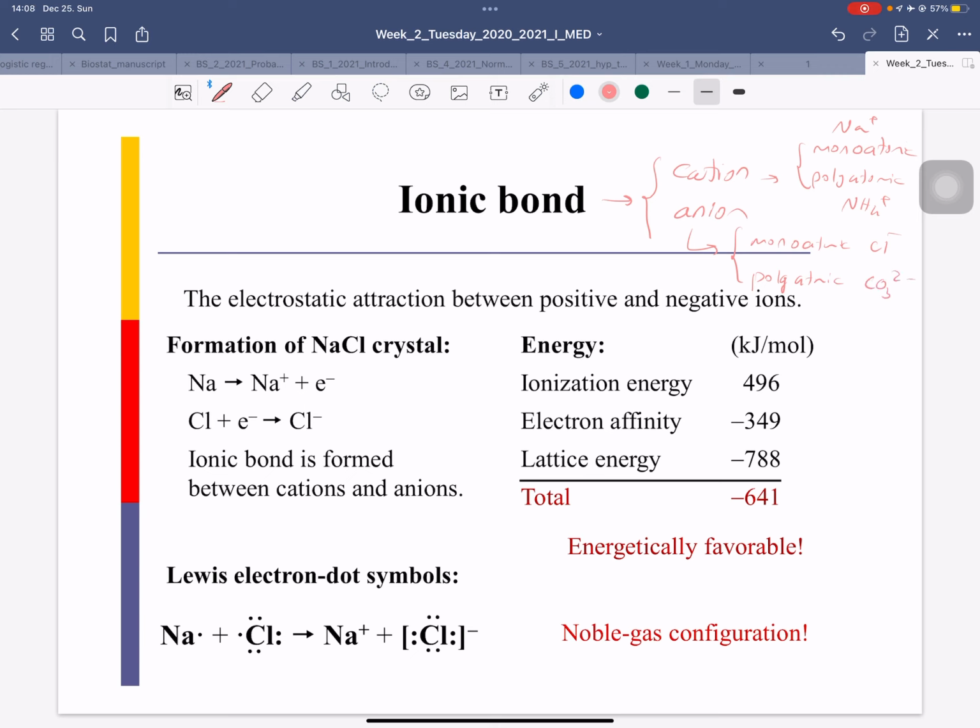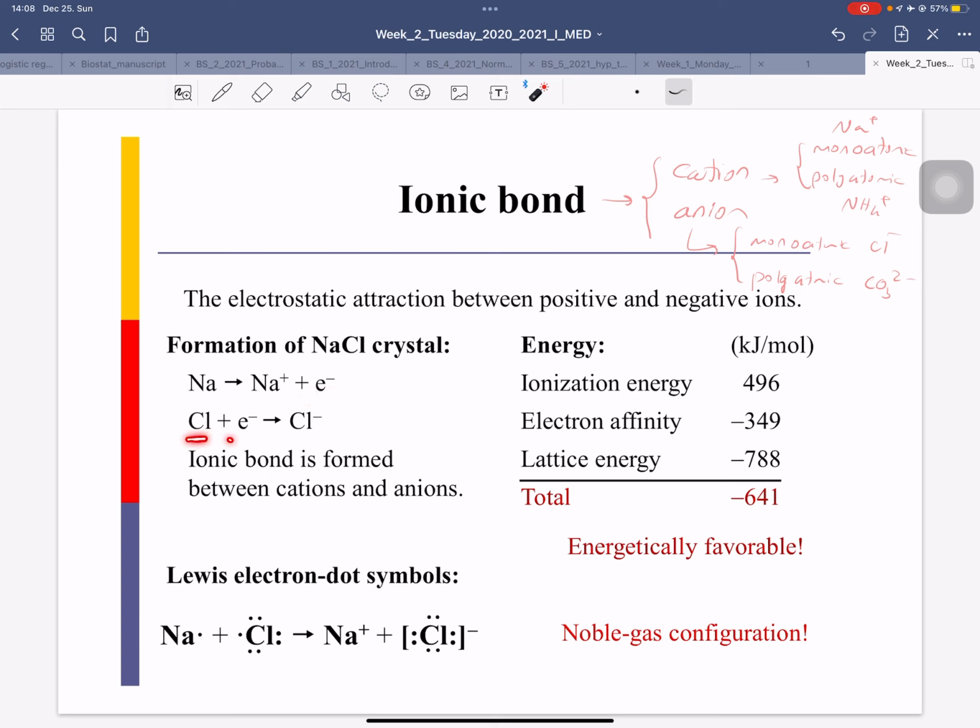How can we make it? For example, we have sodium from the first group, alkali metal, and chlorine from the halogens. We know from the last lectures, sodium is a metal, has an ionization energy, and would like to lose the electron. Ionization energy is this number.